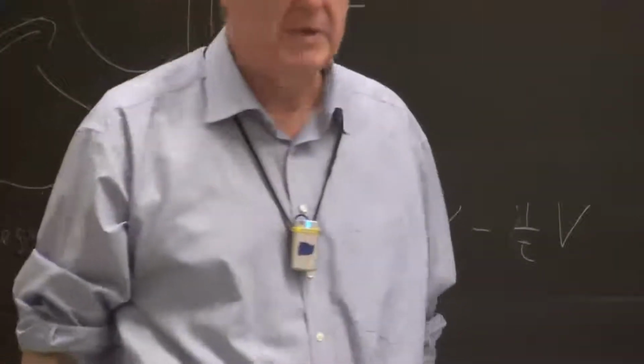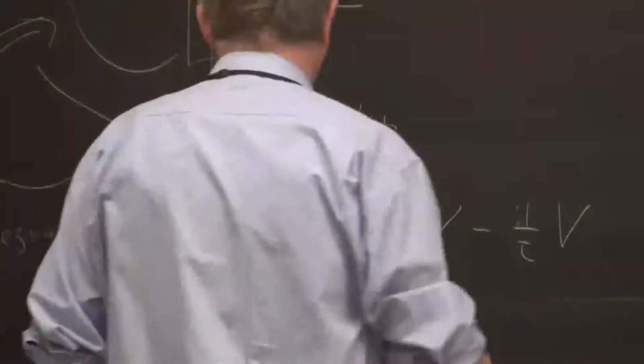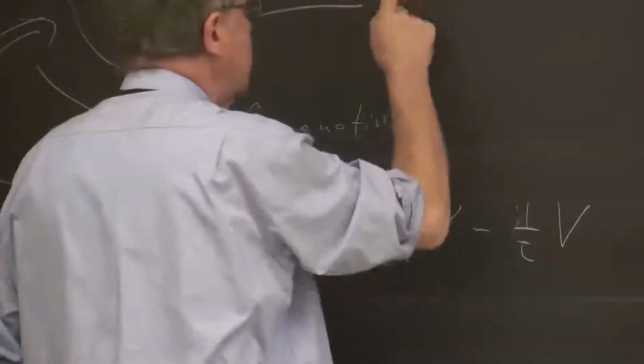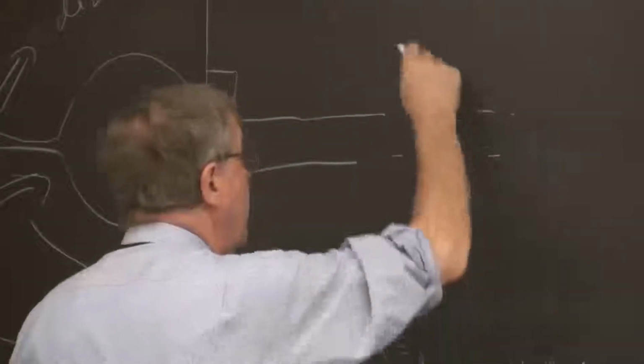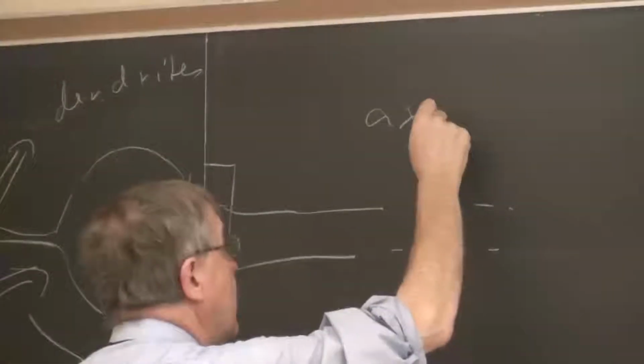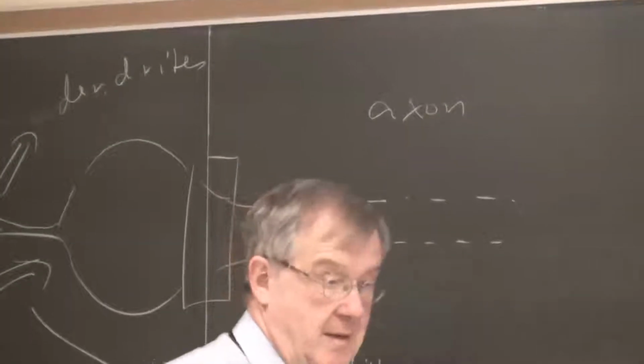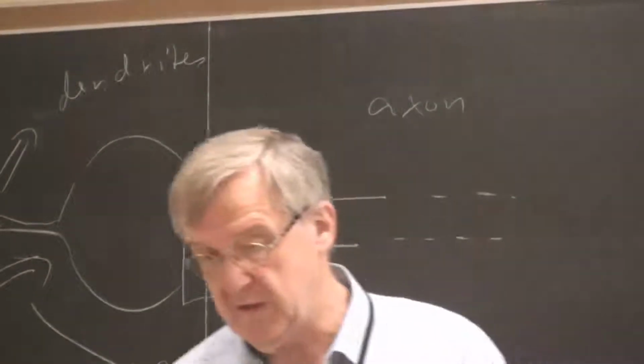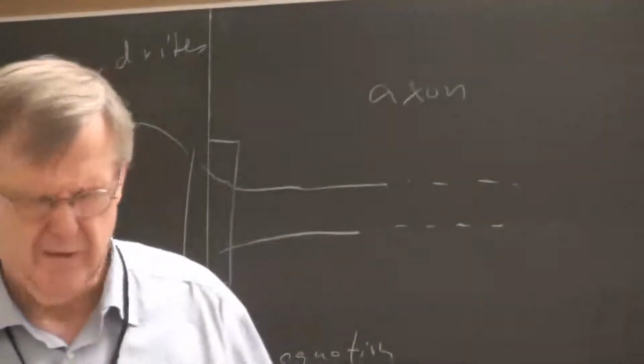And at the beginning of the axon begins a part of the neuron that is acting very differently. It doesn't act passively.